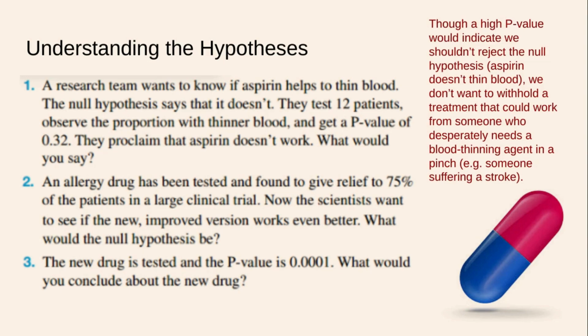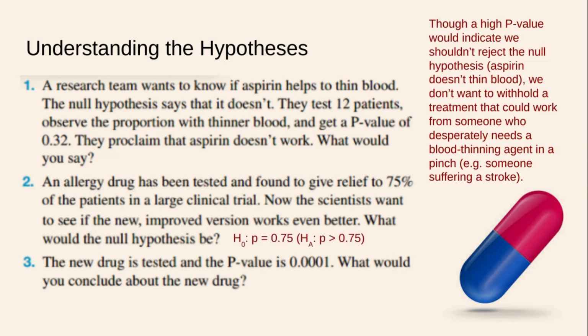Let's look at our second example. An allergy drug has been tested and found to give relief to 75% of patients in a large clinical trial. Now the scientists want to see if the new improved version works even better. What would the null hypothesis be? Pause the video, give this one a go, unpause the video when you're done. Okay, let's look at the answer.